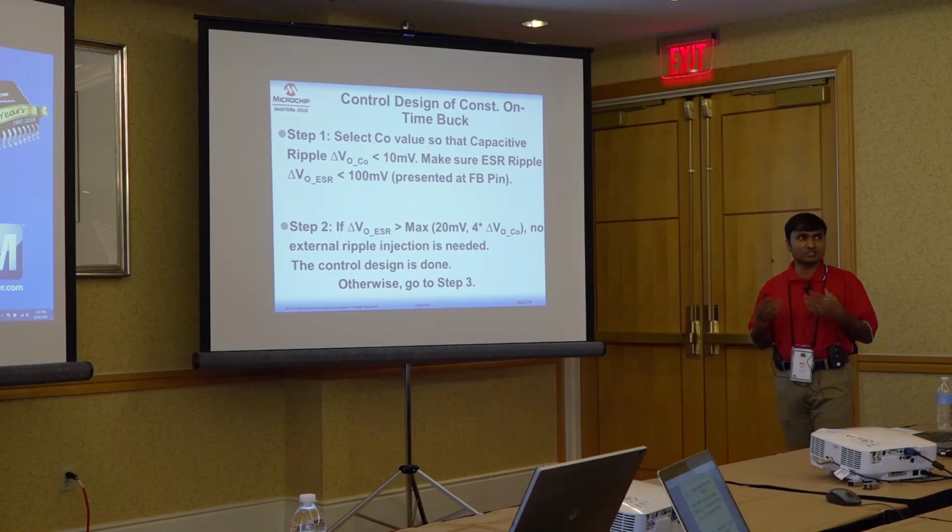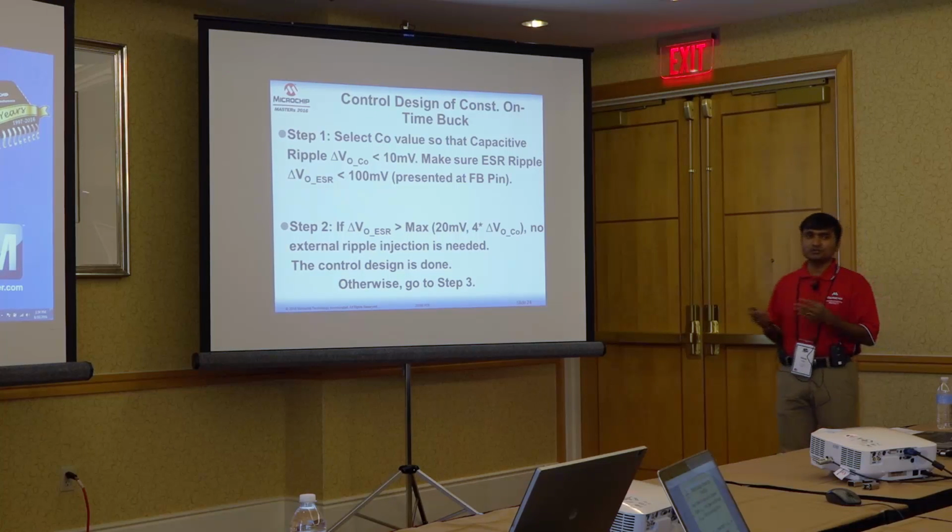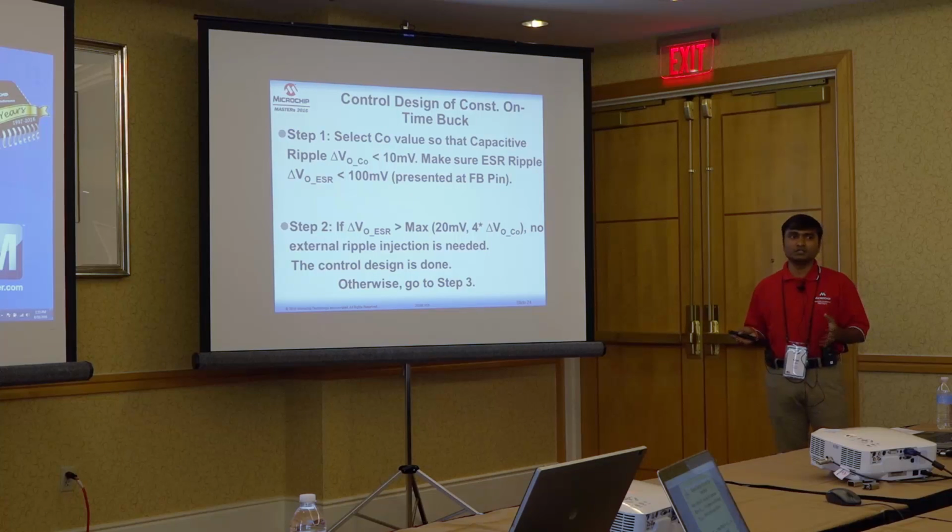So, your control system is done, that much easy it is. If you are using an electrolytic capacitor with a good amount of ESR, it is very easy, you do not need to go through any equations.